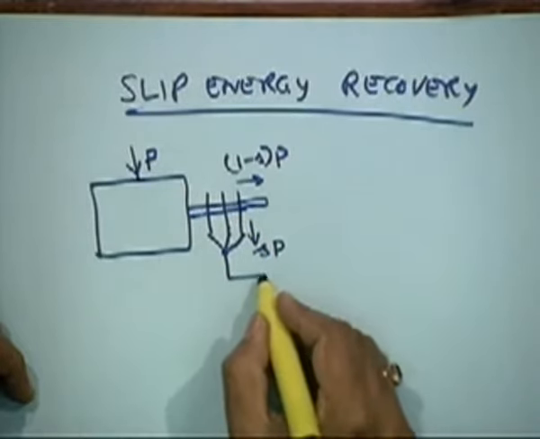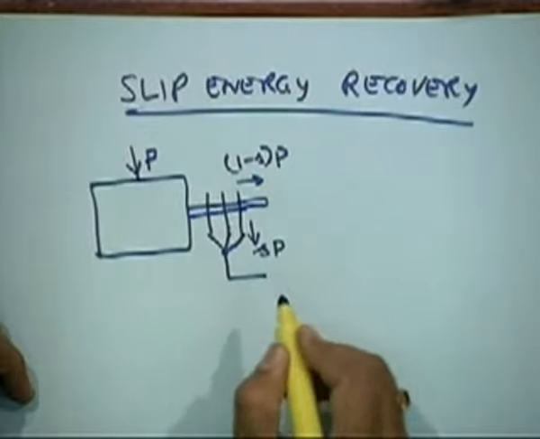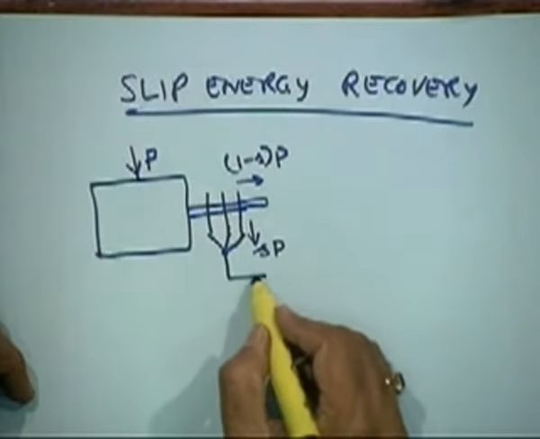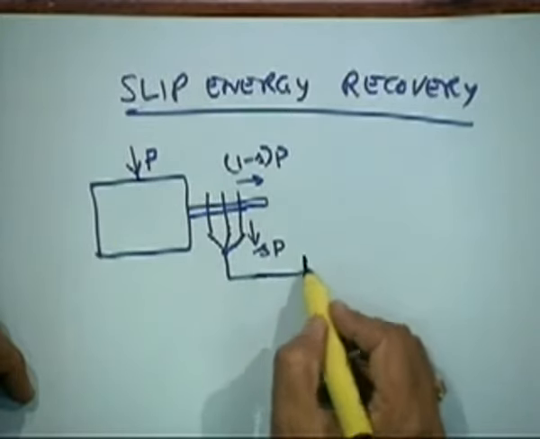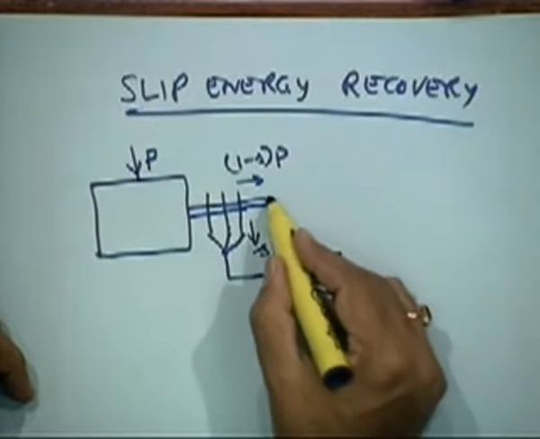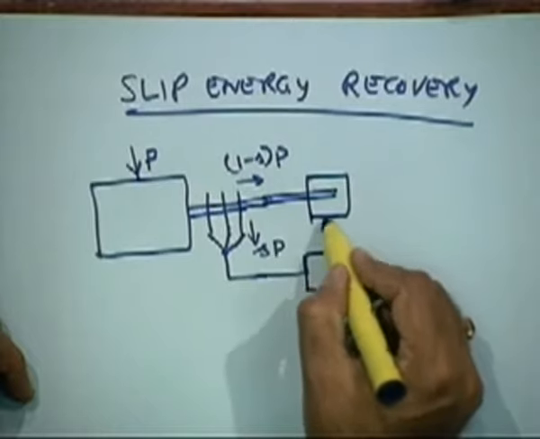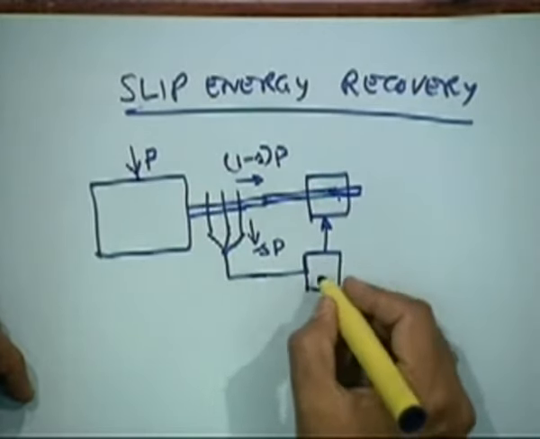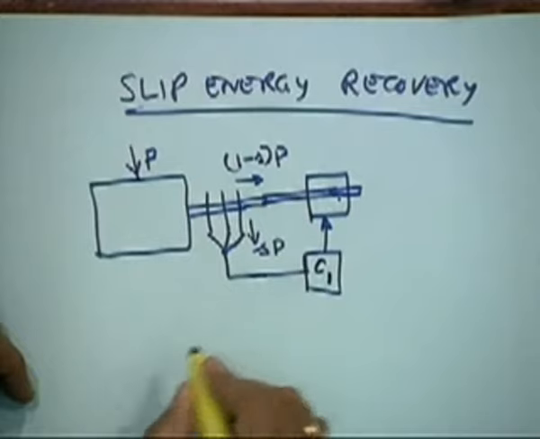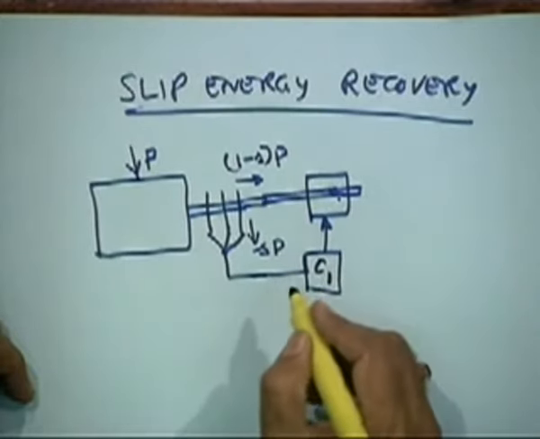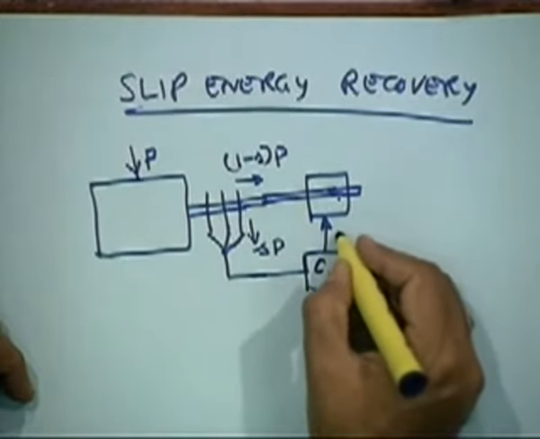Now, there are two ways to do it. You can have some type of a converter and then feed it mechanically here. Let us say this is C1. C1 converts slip power to mechanical power.